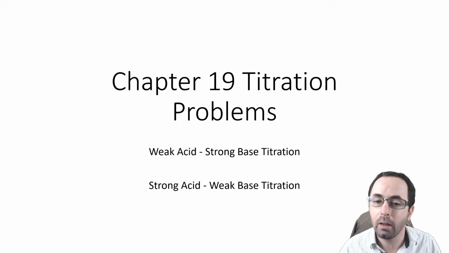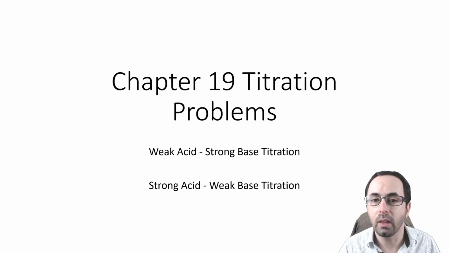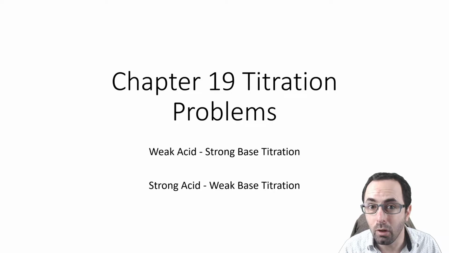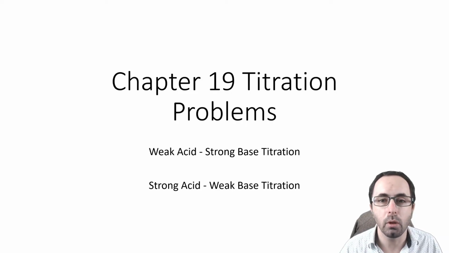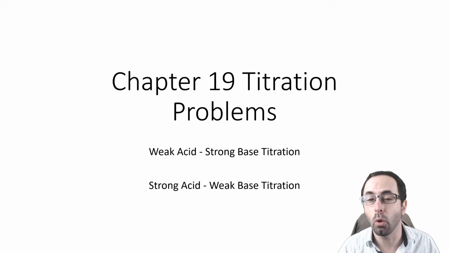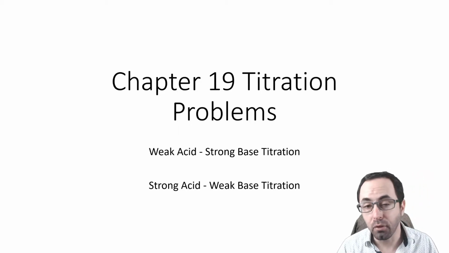And so going back to the previous slide set, I showed you the two steps that were involved. Step one is always a stoichiometry step, where the strong acid or base is completely neutralized. Then the next step is an equilibrium step, and the way you approach the equilibrium step depends on whether you're before the equivalence point in the titration, at the equivalence point, or after the equivalence point.